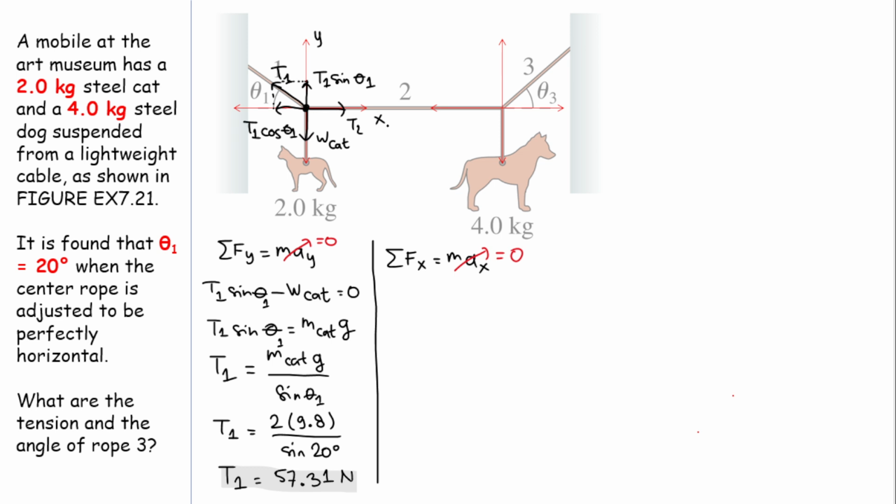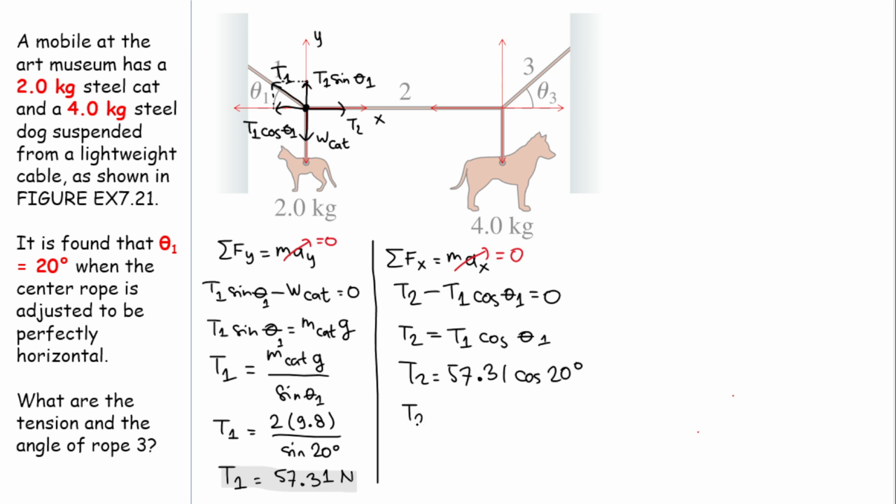Then I will have T2 as the positive one, so I have T2 minus T1 cosine of theta 1 equal to 0, or we can isolate for T2 here. So T2 is equal to T1 cosine of theta 1. But T1 is this value here, 57.31, and then cosine of theta 1, that will be 20 degrees.